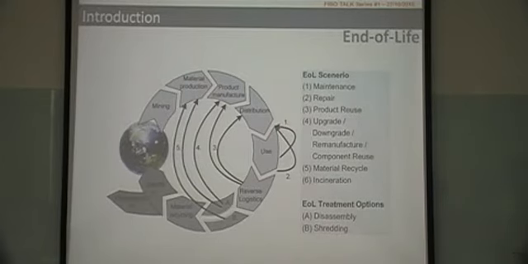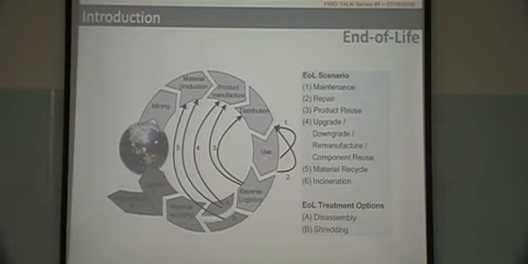For example, in this diagram, firstly, it's production, manufacturing, distribution, and use. And after it's broken, you can do recycling, you can reuse the products, or you can remanufacture. That's a very good strategy to get all the value.